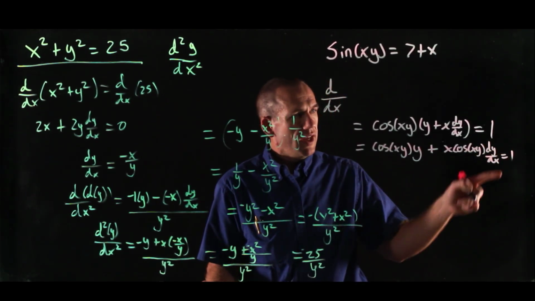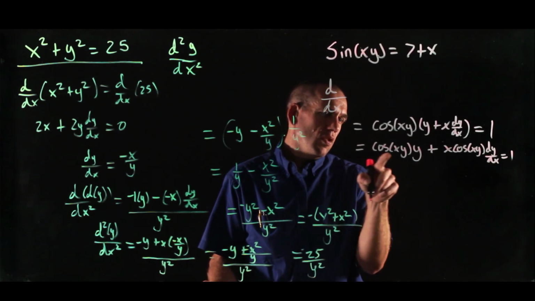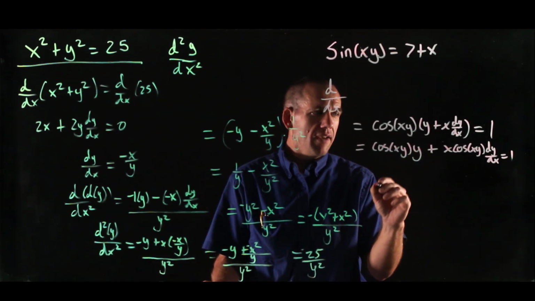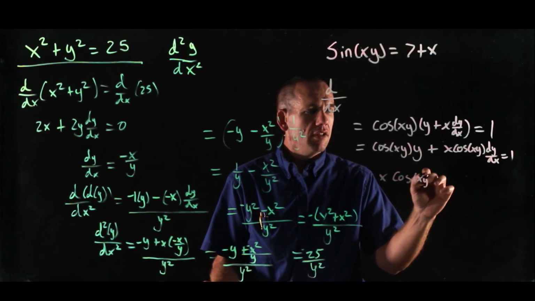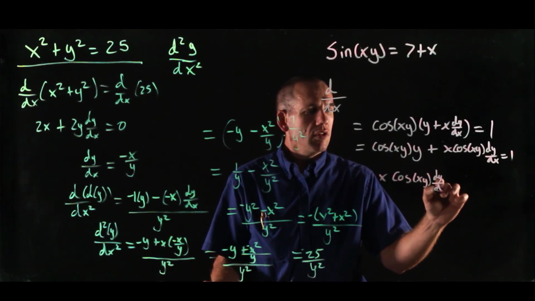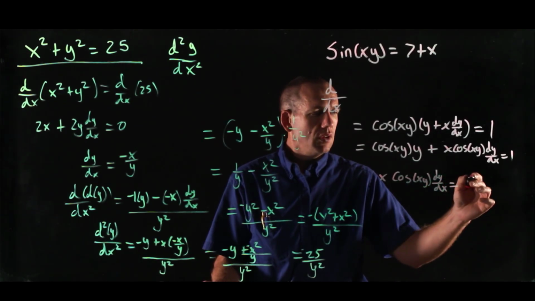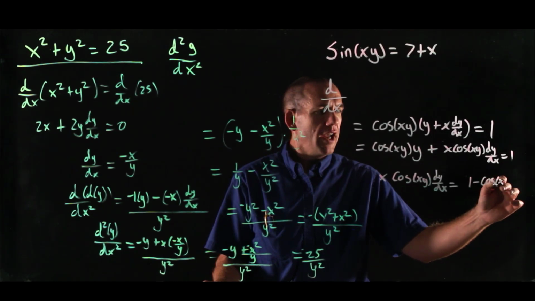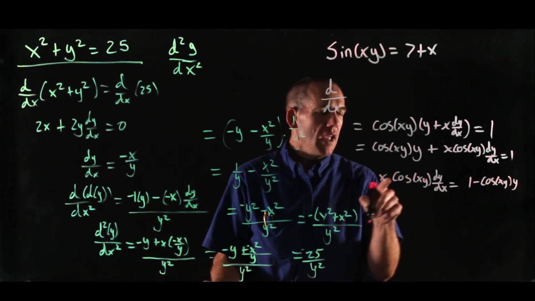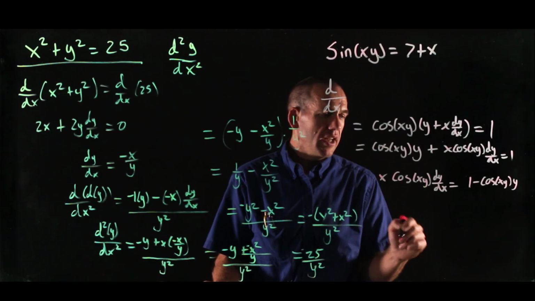So now we're going to go ahead and subtract off this cosine xy times y. So we have x cosine xy dy dx equals 1 minus cosine xy times y. And then we can divide off x cosine xy.